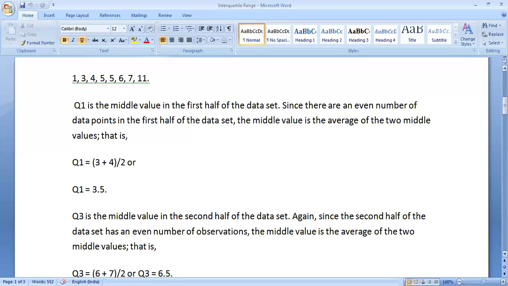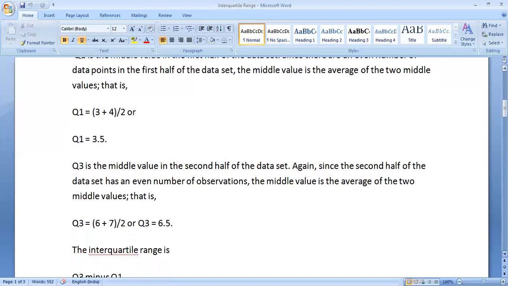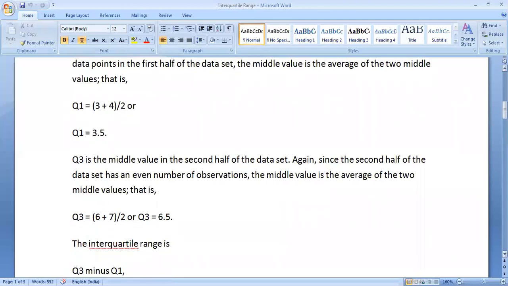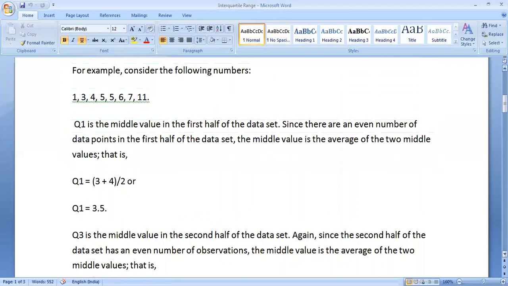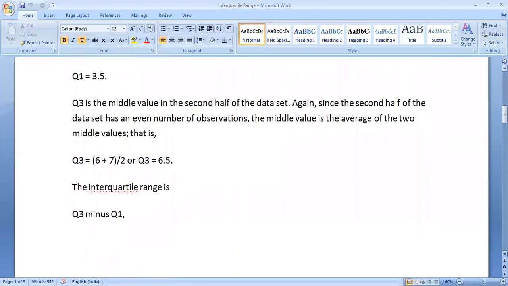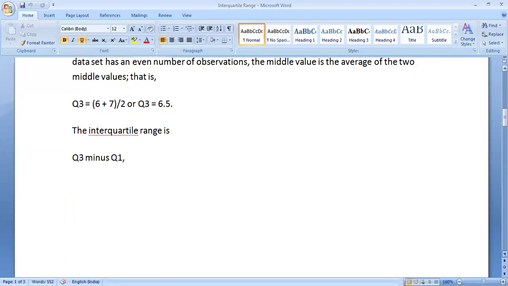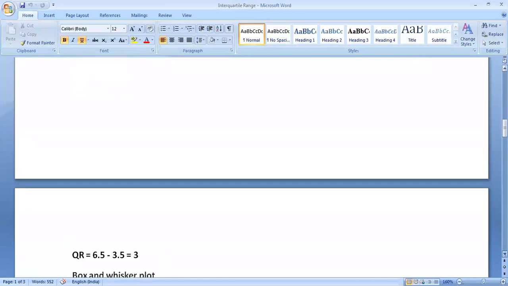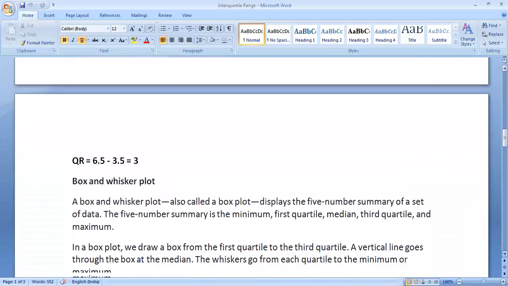That is equal to 3.5. So Q1 is equal to 3.5. Similarly, the median for the right side 5 6 7 11 would be 6 plus 7 divided by 2, so Q3 would be 6.5. So the interquartile range equals Q3 minus Q1, that is 6.5 minus 3.5, which equals 3.